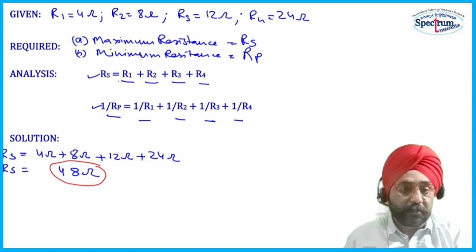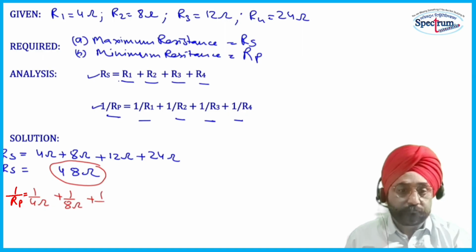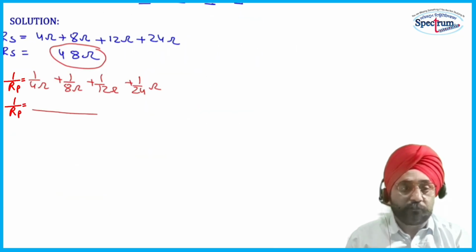Now find parallel: 1 over RP is equal to 1 over 4 ohm plus 1 over 8 ohm plus 1 over 12 ohm plus 1 over 24 ohm. LCM will be 24 ohm.